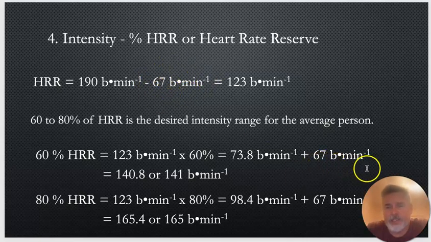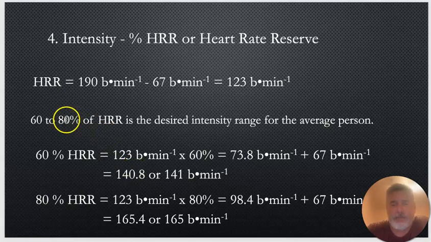Remember I said this is where the common error occurs, but you won't make that error because I'm pointing it out. So 60% of heart rate reserve then is 140.8 or 141 beats per minute. Always round up your beats per minute since we can't take 0.8 of a beat.